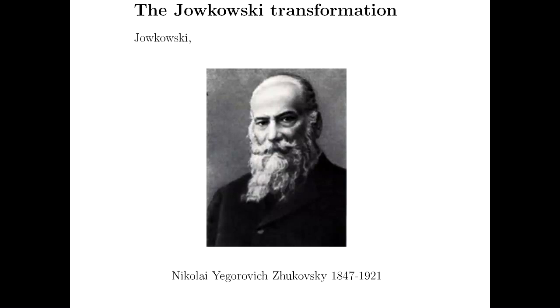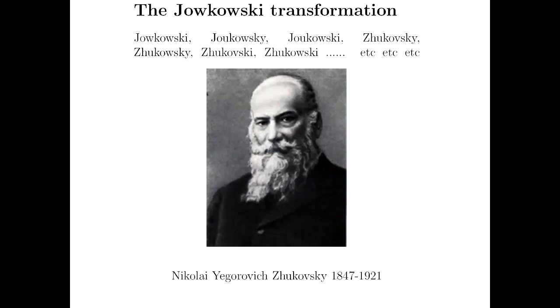You can see his name spelled with an I, with a Y, with a U, with a ZH, and combinations of W, I, and Y. That's because Joukowski is Russian, so that is his real name.